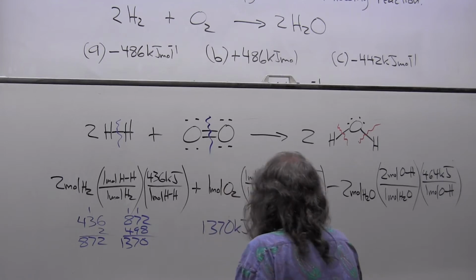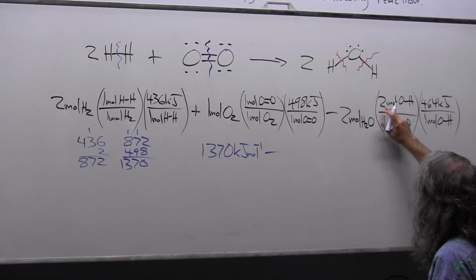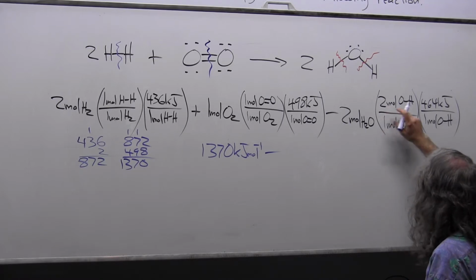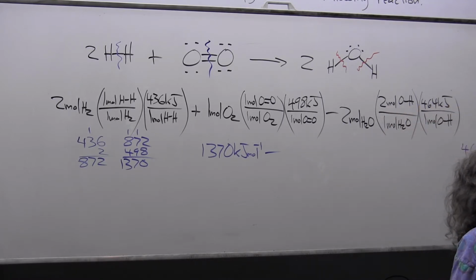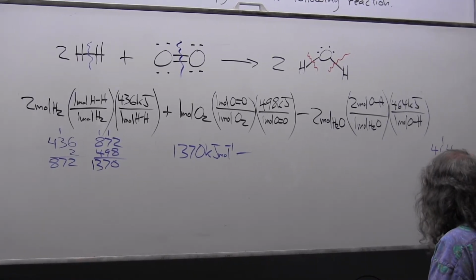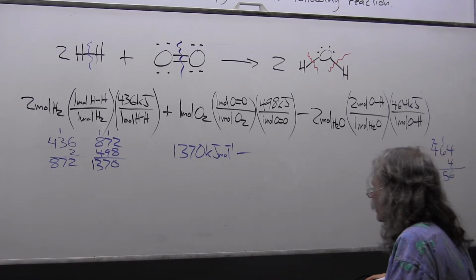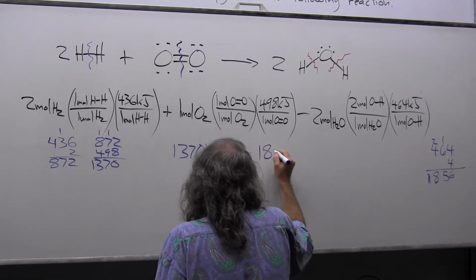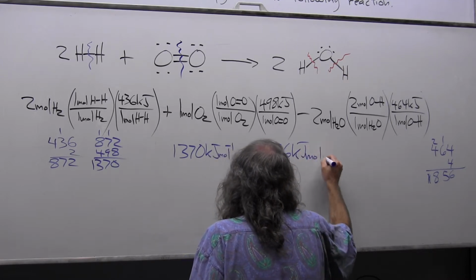minus, and now I've got 2 times 2 is 4. 4 times 464, so 464 times 4, which is 1856 kilojoules per mole.